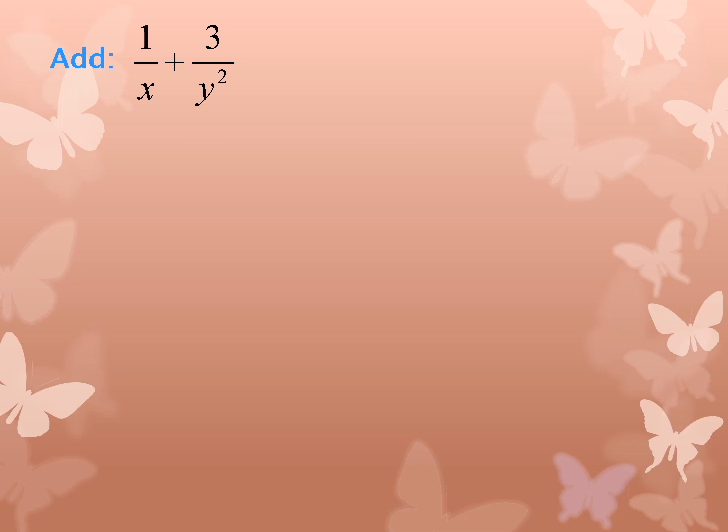So obviously, the denominators are not the same. So we have to determine what is the common denominator of x and y squared. Well, x doesn't go into y squared, and y squared doesn't go into x. So our common denominator is going to be the product of those two denominators.